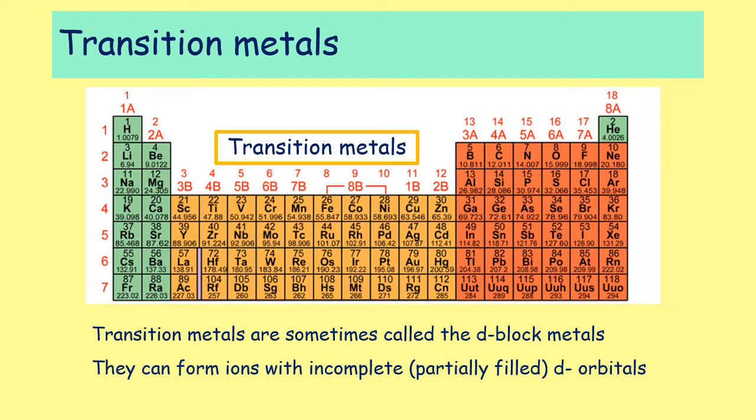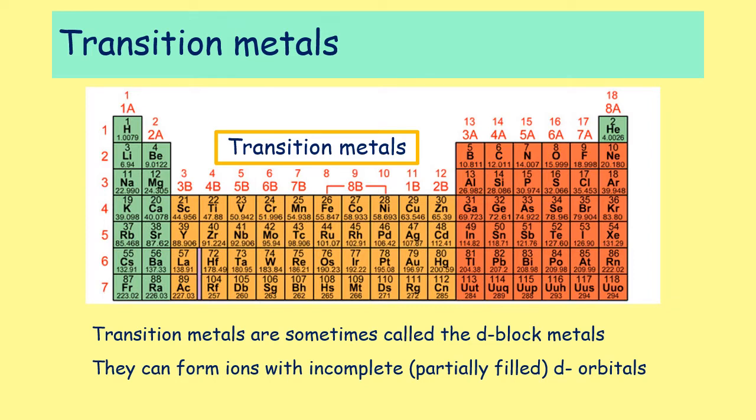The other thing that makes them transition metals is that they can have different oxidation states, so they can have ions of different charges. So we know this, we know iron can be iron 2 or iron 3. You know that chromium could be the dichromate or the chromium 3+, and manganese can be permanganate or manganese 2+.